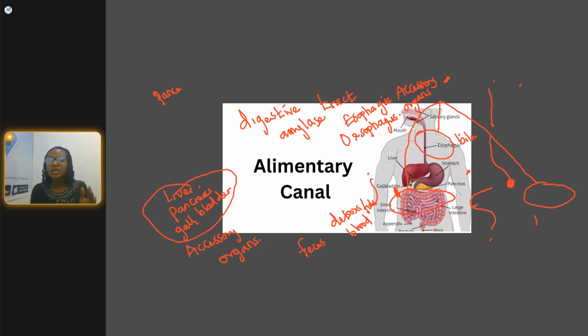Don't forget that the liver produces bile. So if the liver produces bile, then the gallbladder takes the bile and transfers it.